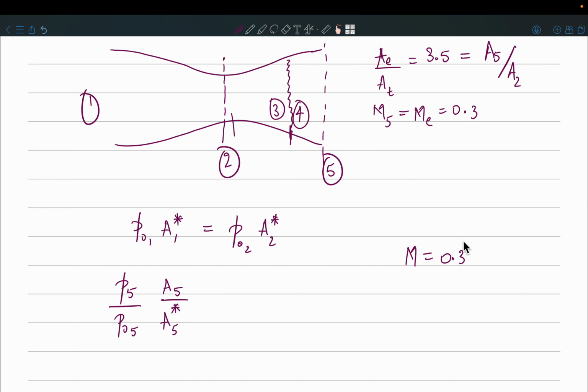You have the A by A star ratio and the P by P naught ratio, isn't it? So you can tell me the P by P naught ratio and the A by A star ratio first.